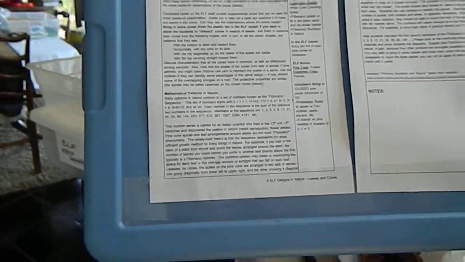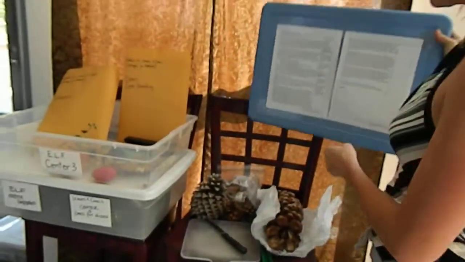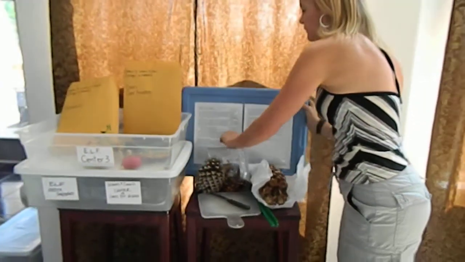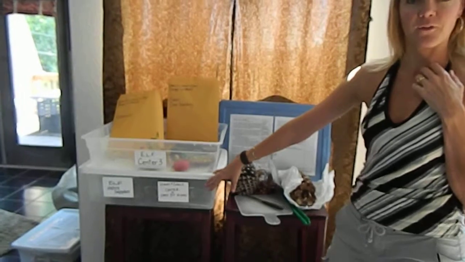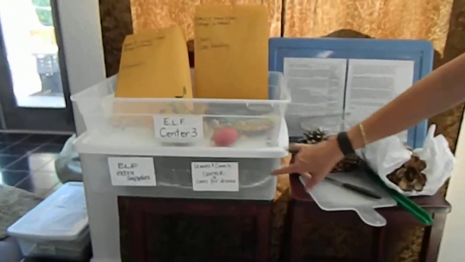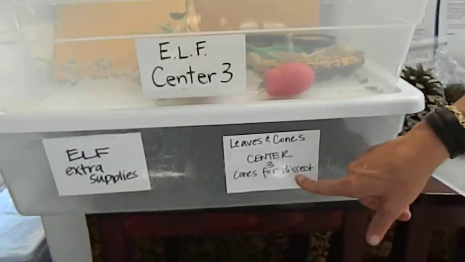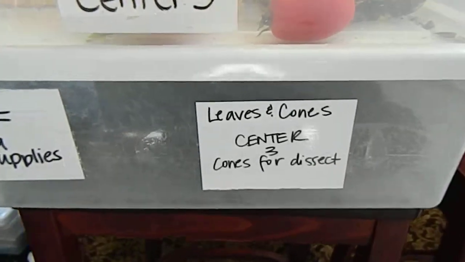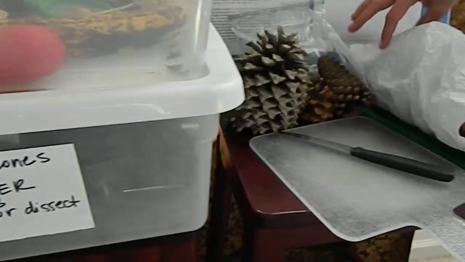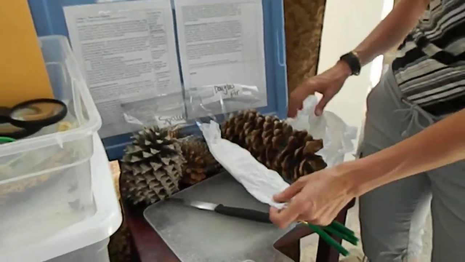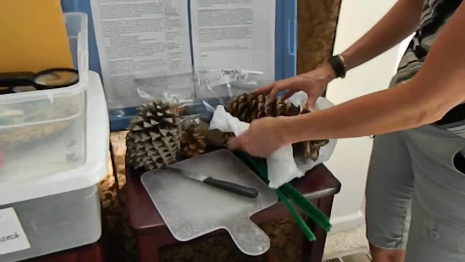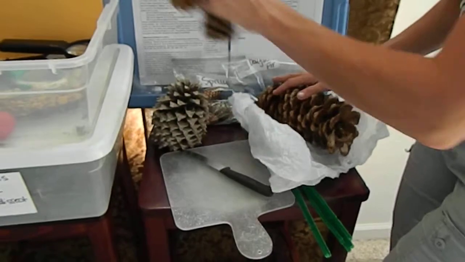But once you have that information ready, we'll show you the materials that are with this center. They will all come in the Center 3 bin, and again, here is an extra ELF supplies bin, which will have cones for dissection. These cones over here, which will be in the case, we do not want to dissect. These are special cones, but they can definitely see the variety and shape of cones.